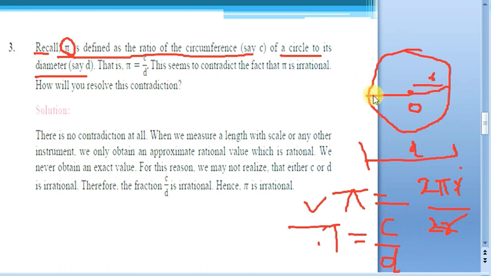For example, how does it become 3.14 and so on? Let me tell you how this form comes. Just take any circle, like a bangle or any circular shape. Take the central distance, which is our diameter. Now fix your thread to the length of the diameter, and with that length, start at a point and start measuring along the circumference.